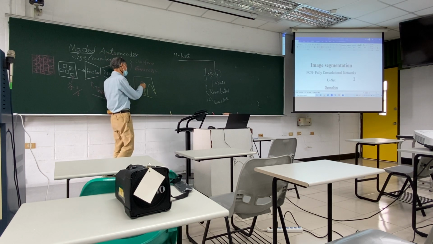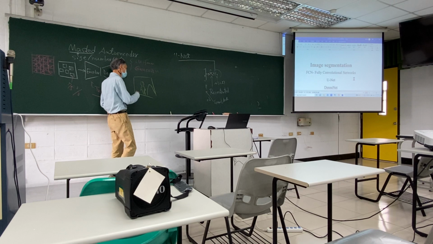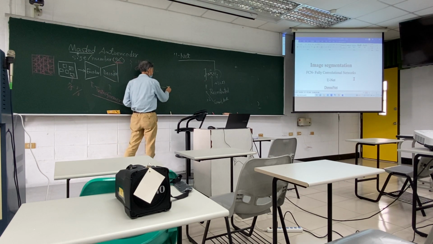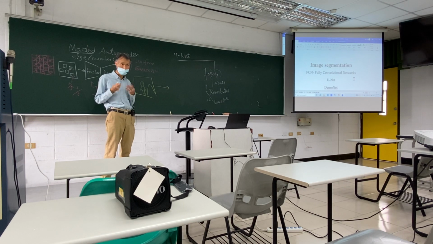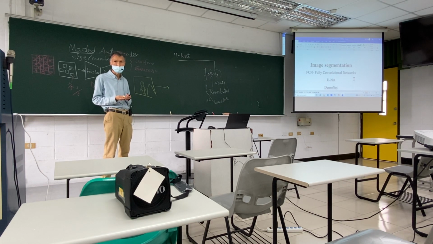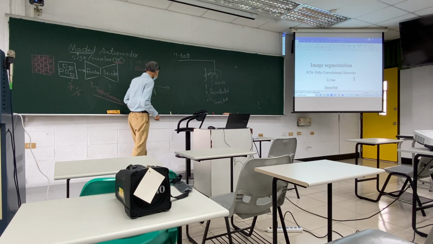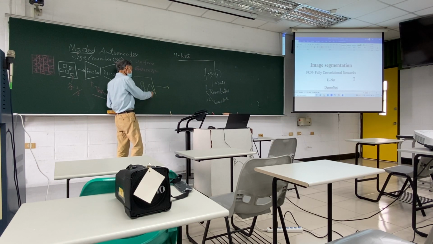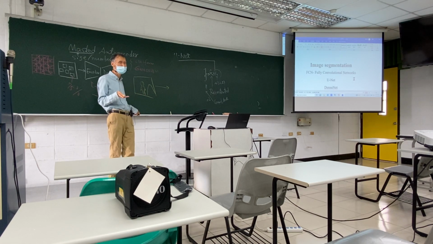But once you collect some labeled images, then you can go for semi-auto labeling. And the person just needs to double check if the results are okay, or just do some minor modification, okay?